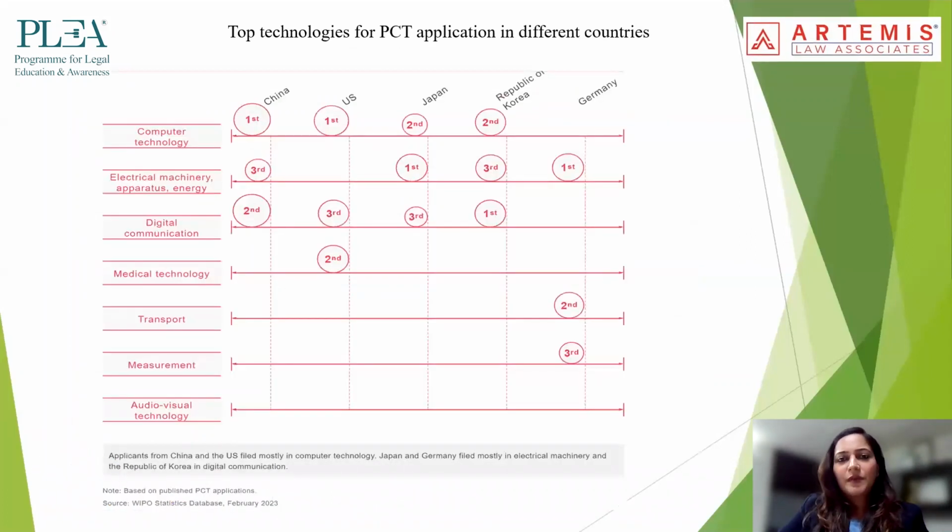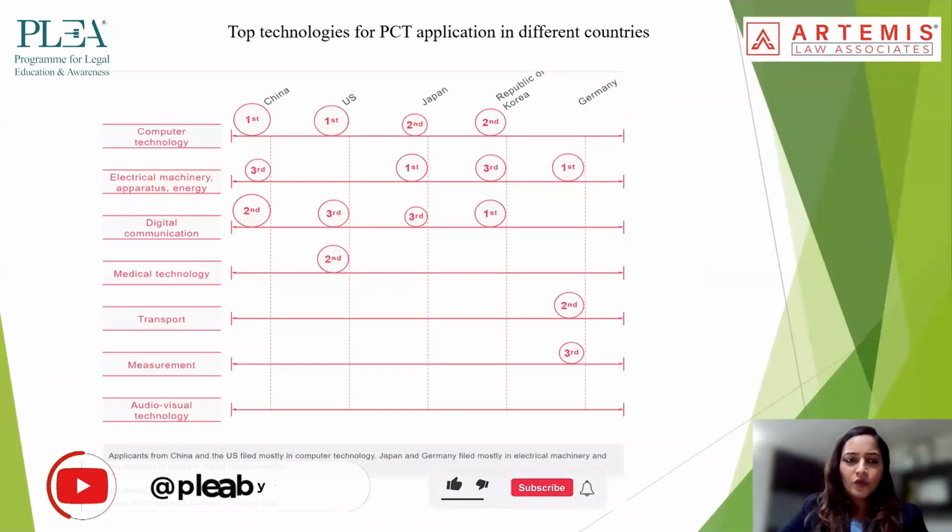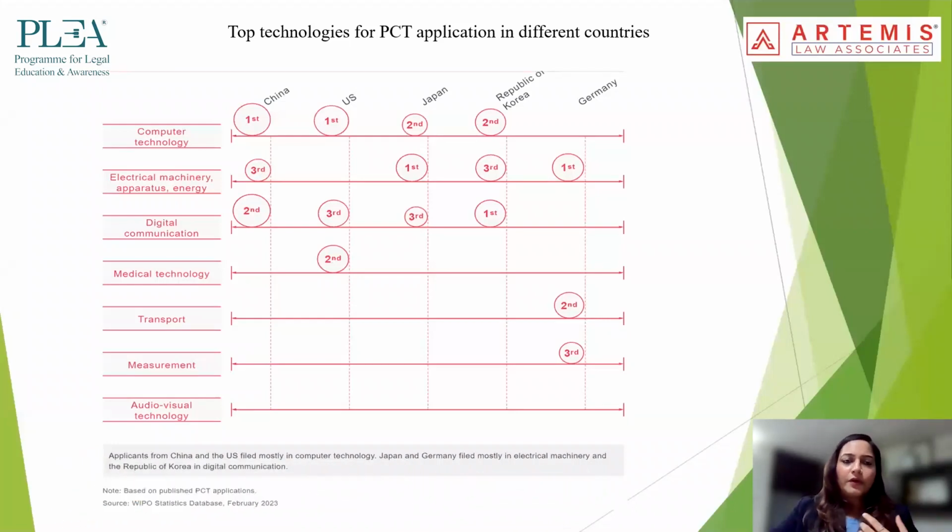Now the top technologies for PCT applications in different countries. What are the domains in which people are filing patents? Different domains are mentioned: computer technology, electrical machinery, apparatus and energy, digital communication, medical technology, transport, measurement, audiovisual technology. China is first with respect to computer technology, third with respect to electrical machinery, and second with respect to digital communication.